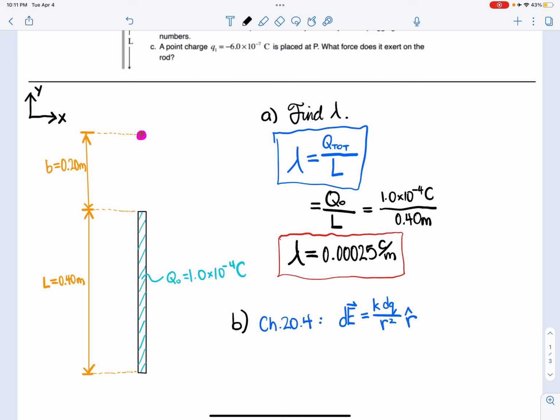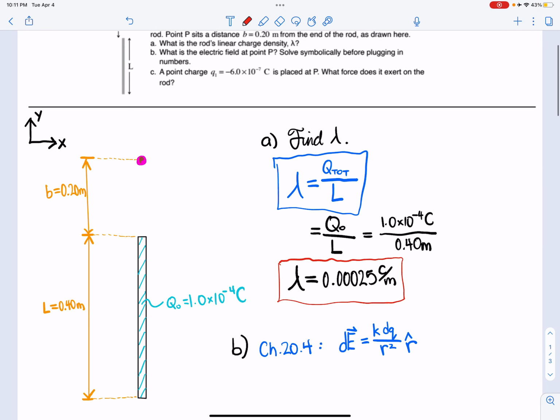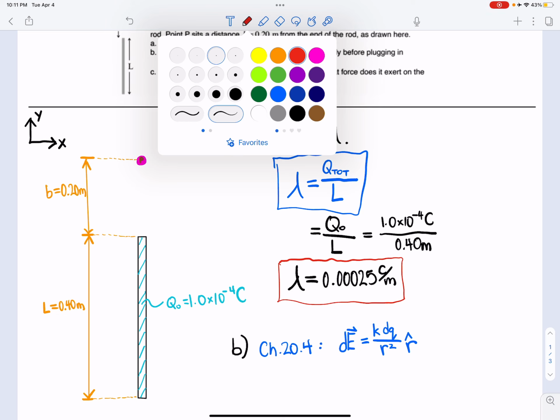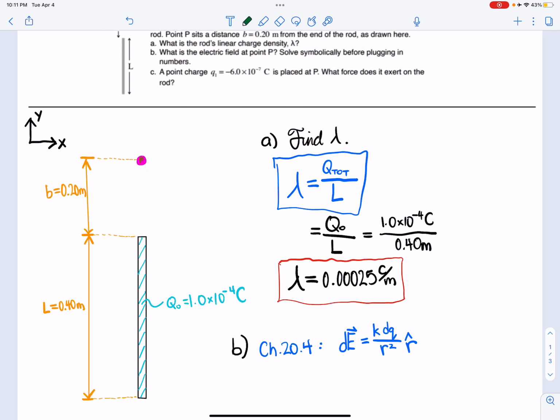So the direction of the electric field, which we can think of as a positive charge point in space here at point P, I'll use green, that's going directly up.